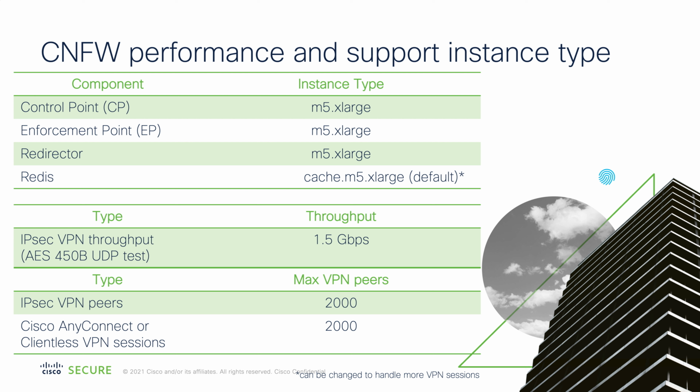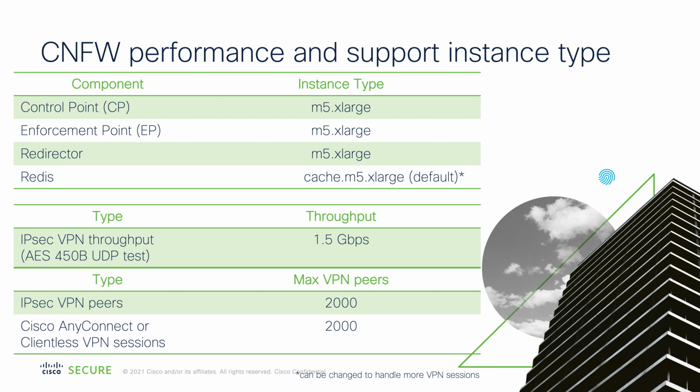Elastic Cache is default at M5 large, but you can definitely go ahead and use a bigger one if you have a lot of VPN users connecting to your environment. And information about how to choose Redis database will be added in the datasheet.